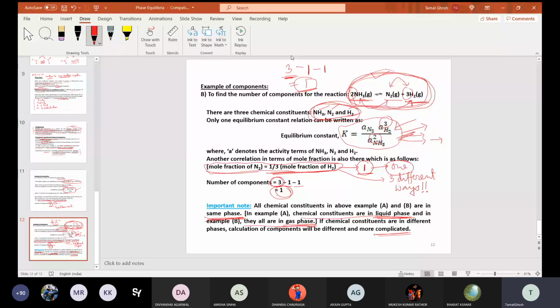One thing I did not mention there is that two solids basically denote two different phases. Say calcium carbonate and calcium oxide. If you are purchasing CaCO3 and CaO from a shop and mixing them, they basically constitute two different phases.